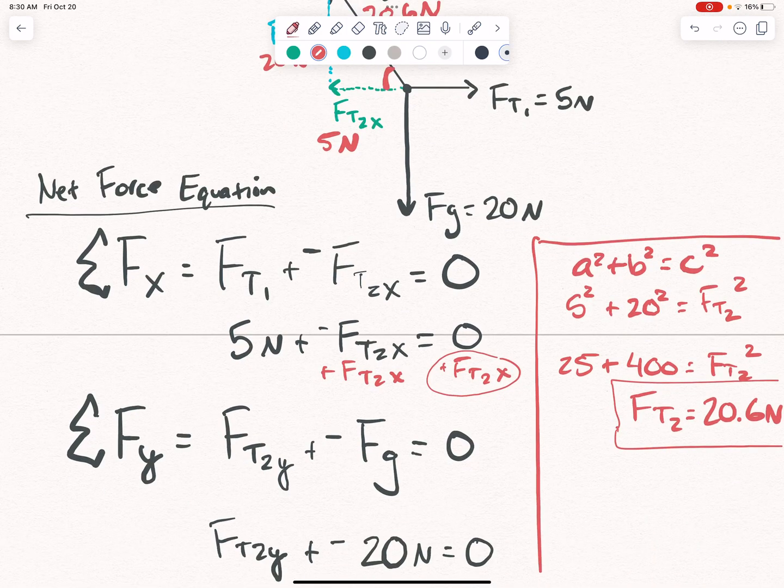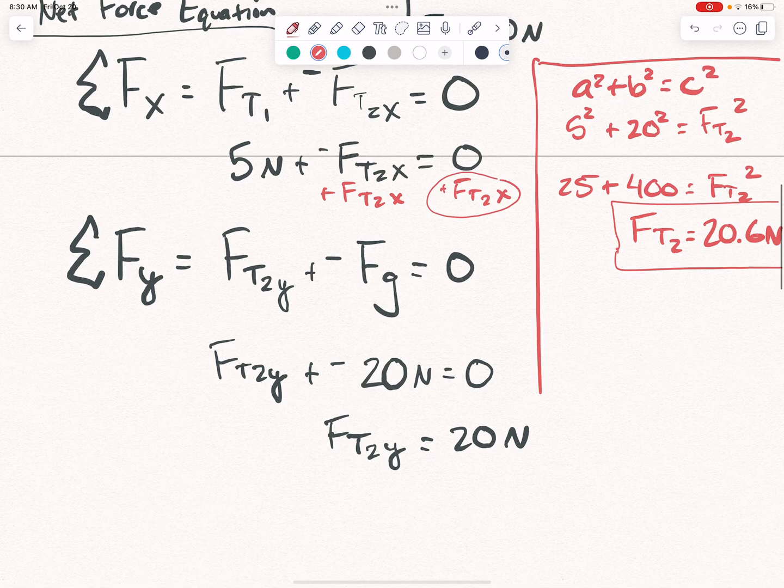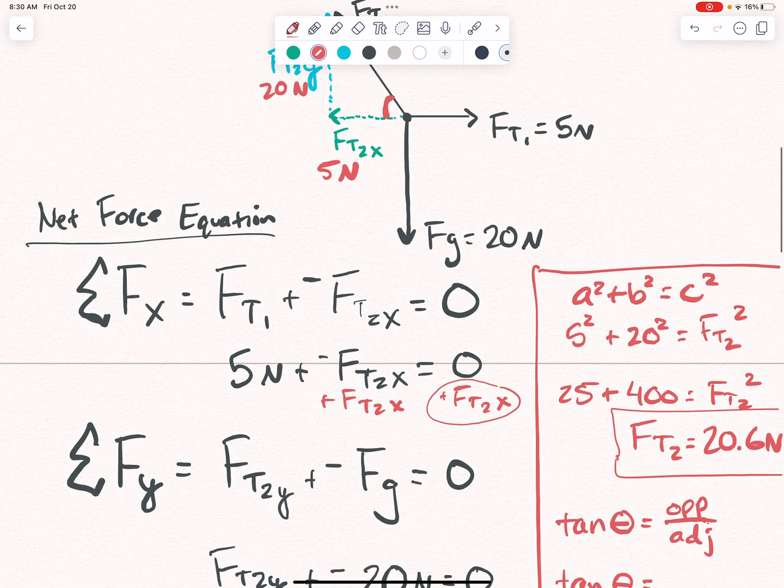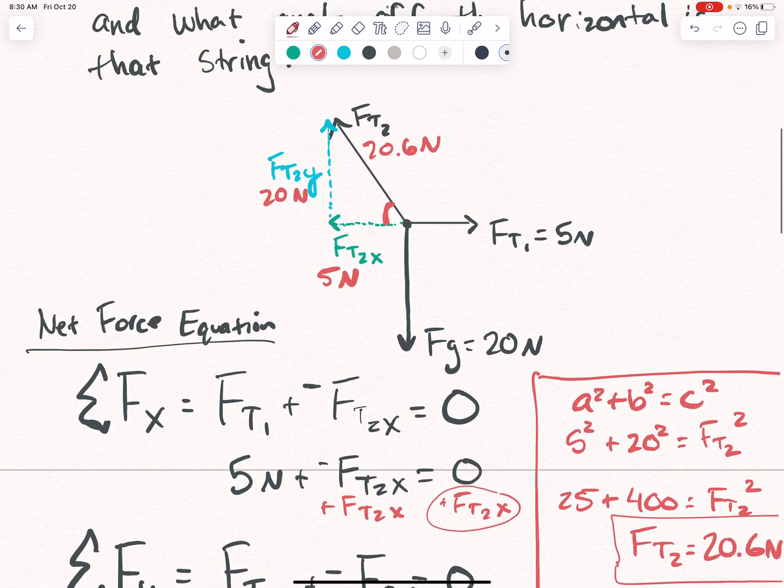So last step, to figure out that angle, I'll say tangent of theta. I like to write out what it is in math language first, is equal to opposite over adjacent. So now I'll fill in what that means for my problem. Tangent of theta equals, and the opposite side of this angle, as a reminder, you start at the angle.